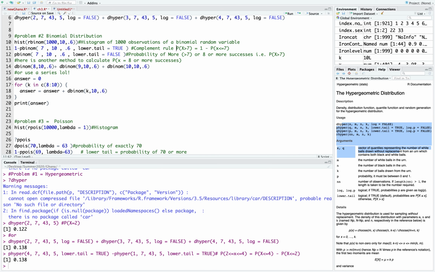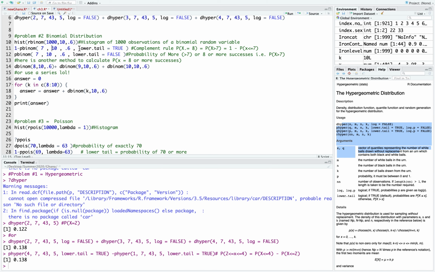And by the way, since x is discrete, probability x is bigger than 7 is the same as the probability x is bigger than or equal to 8. Those two are equal. And if I want to calculate this, I can use this command. I'll use the complement rule.